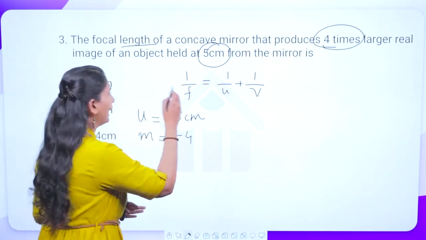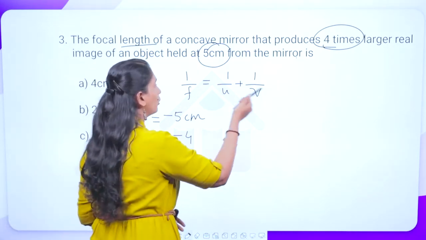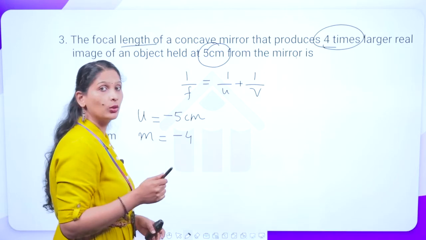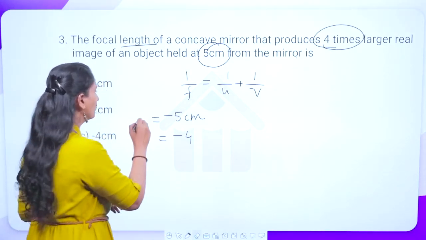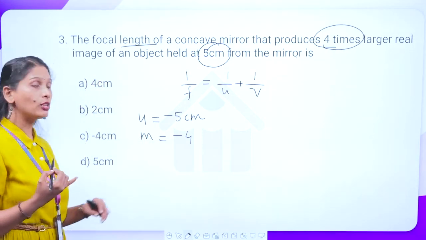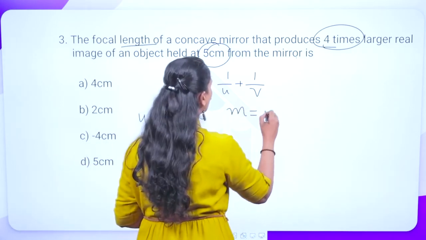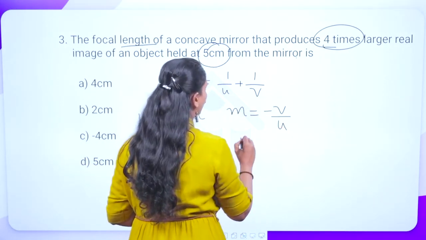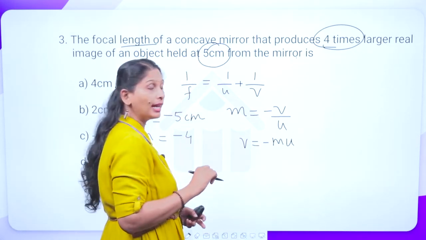And you want to find f. First you need to find v, then only you can find f. For that, I can make use of these two data. How is that possible? You have an equation for magnification: m is equal to minus v by u, or rather v is equal to minus m u.